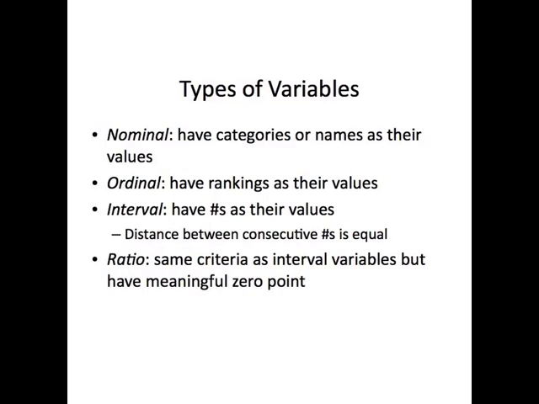Variables can be further subdivided into specific types of variables, and basically these are variables that have particular characteristics or qualities. There are two types of variables that are always discrete, and those are nominal and ordinal variables. Nominal variables are used for observations that have categories or names as their values.